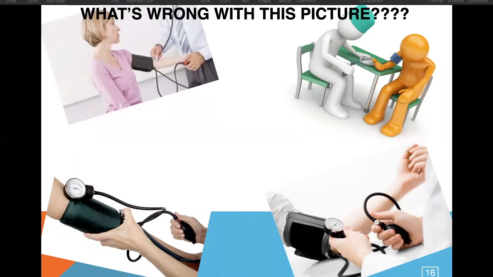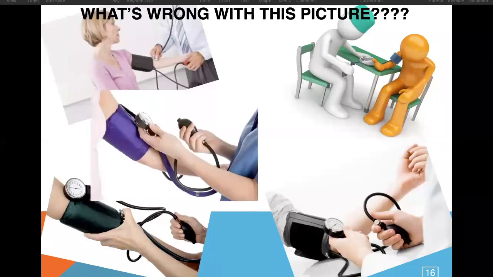So in this picture, the arm is supported, it's slightly bent, it's at the level of the heart, but that patient is slumped forward. Their back isn't supported against the chair. And again, this patient is holding their own arm up.